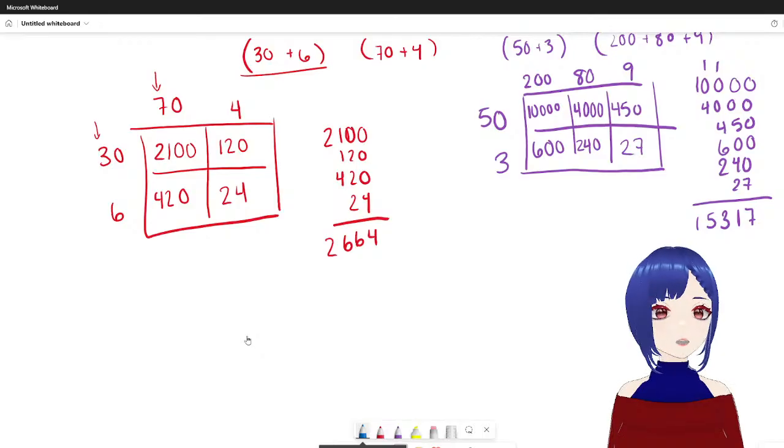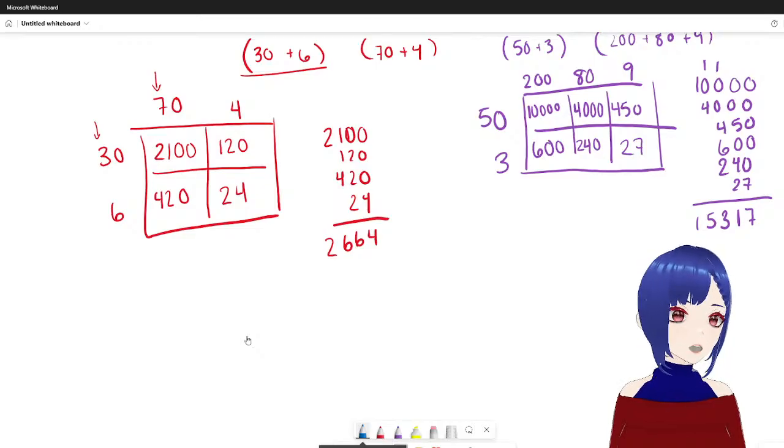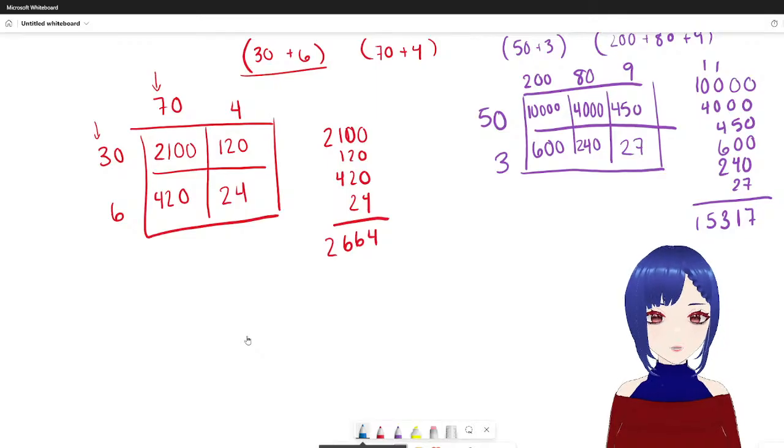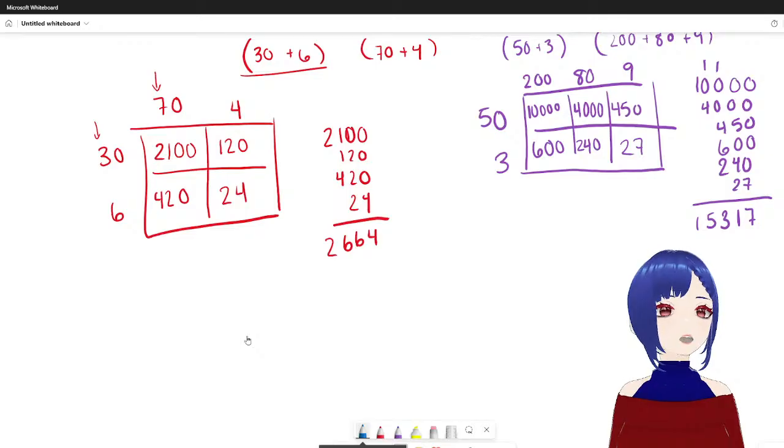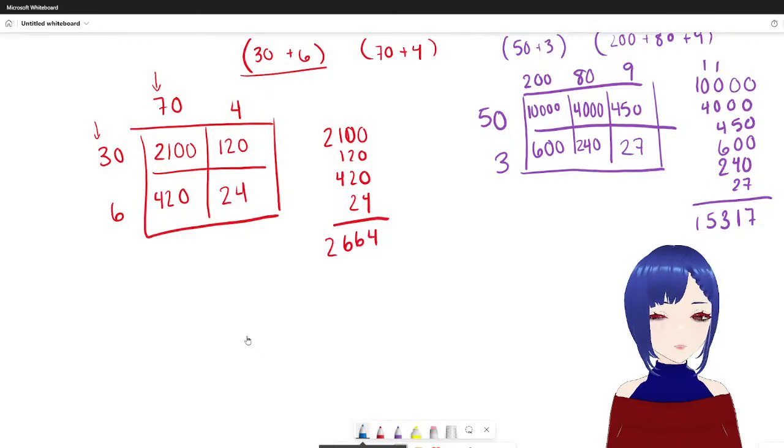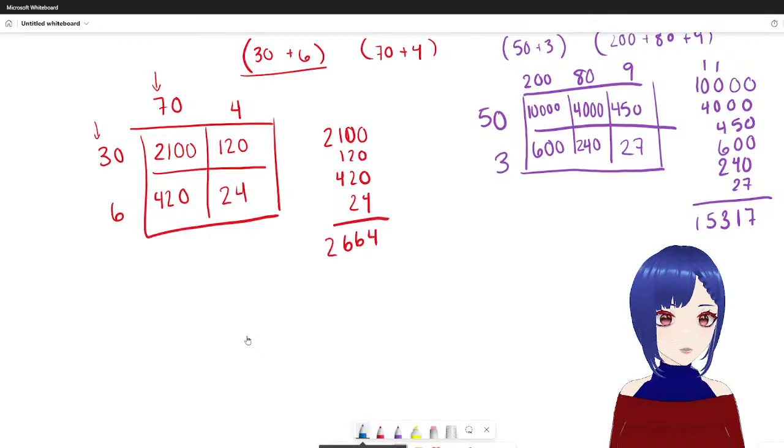Alright, so in algebra when we have this, it's already usually broken up into your addition part, or sometimes subtraction. To keep it simple this time around, we'll just keep it all addition. We broke down in the first example 36 into 30 plus 6.